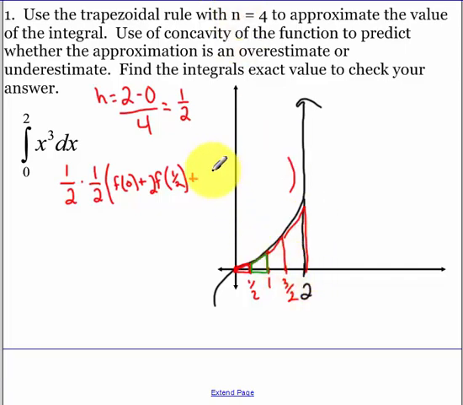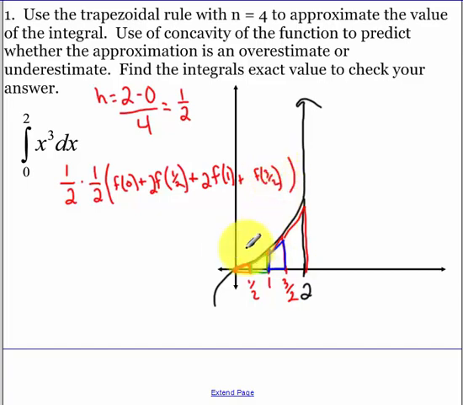And then we would have an f of 1. For the next trapezoid, f of 1 shares that base. So that's why we have 2 of those f of 1s plus then f of 3/2.